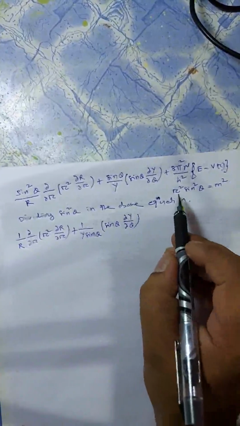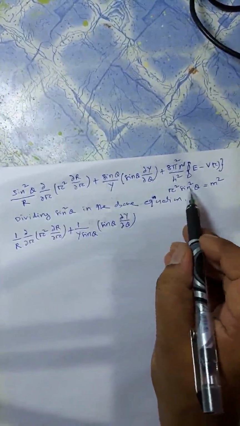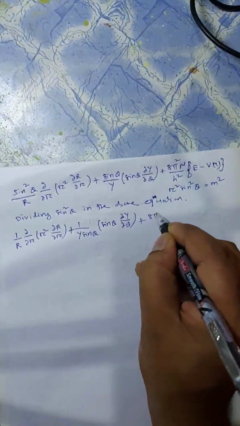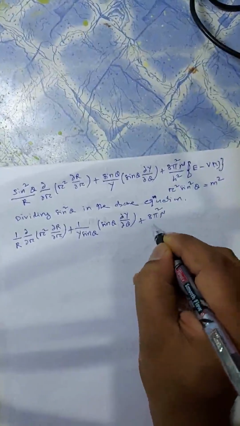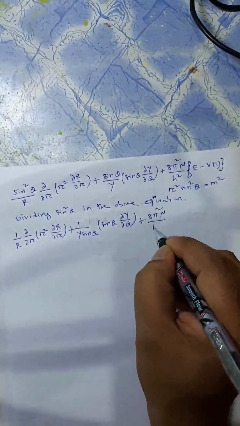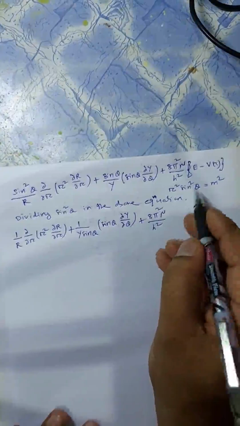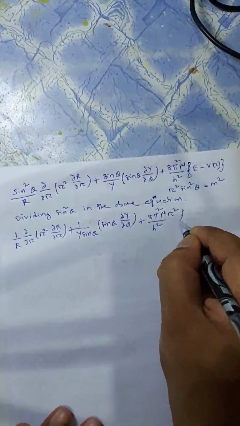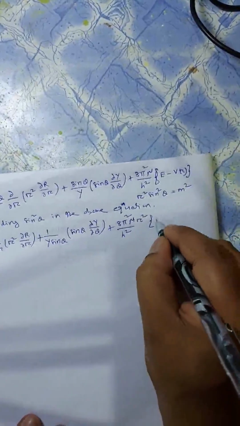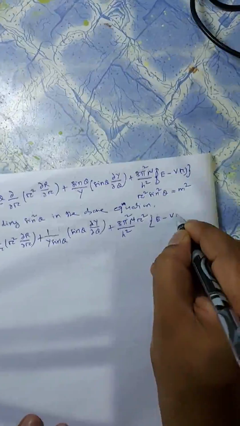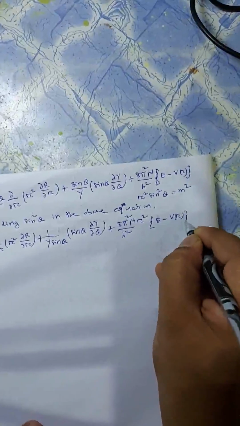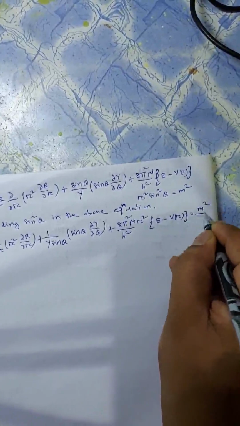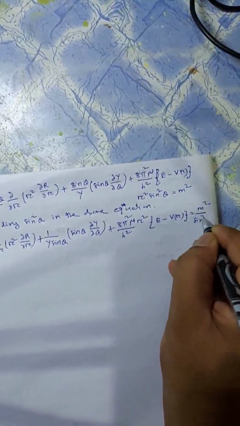Here we divide by sin²θ, so this will be cancelled. We get plus 8π²μ/h² r² (E − V(r)) equals m²/sin²θ.